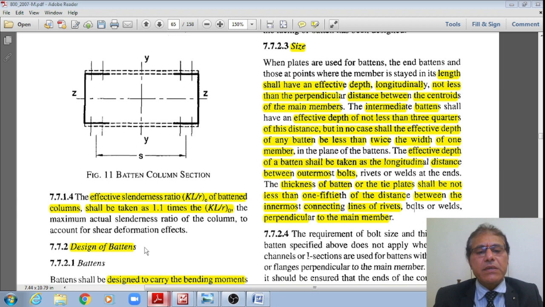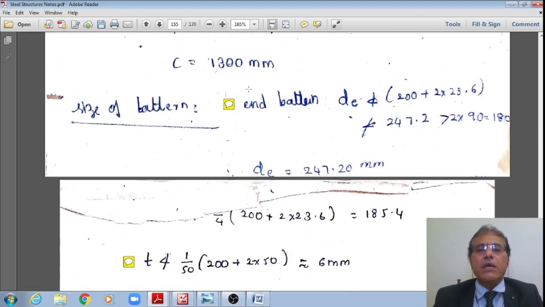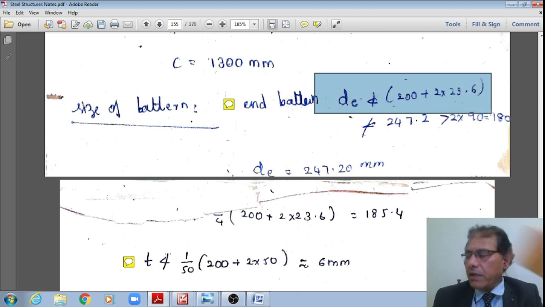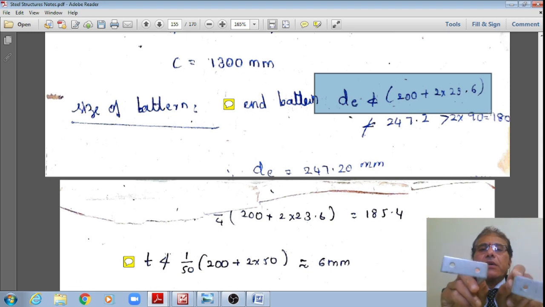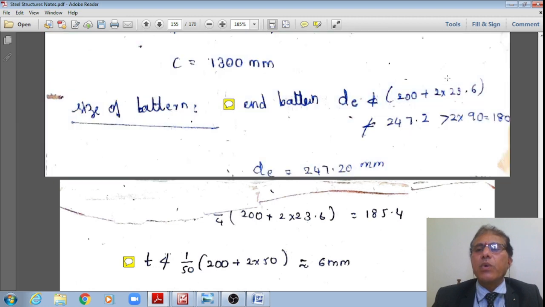Therefore, once we have examined that codal specification, we should substitute into the formula. For the end batten, the effective depth D should not be less than 200, the spacing between the two channels, plus 2 multiplied by Cy, which is 23.6.